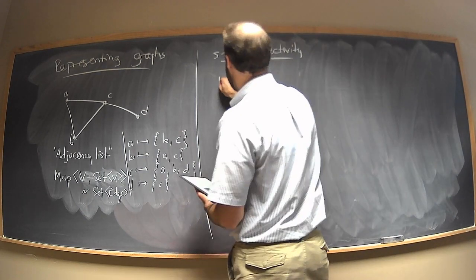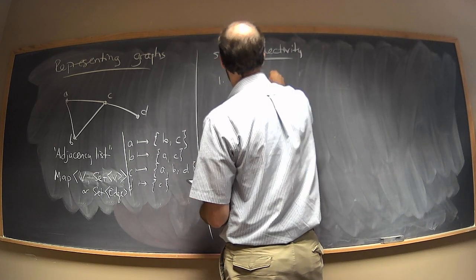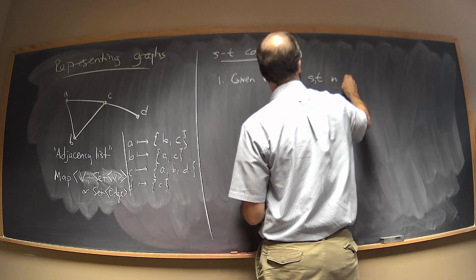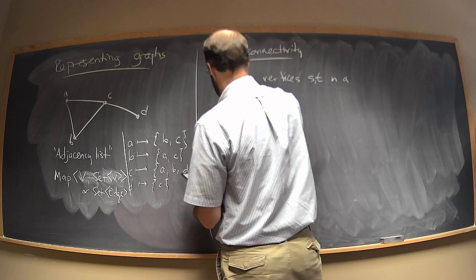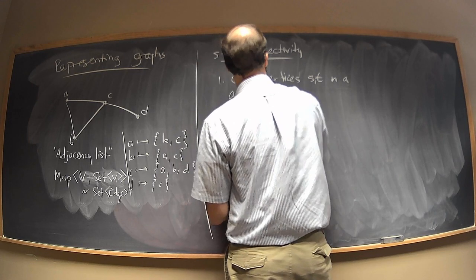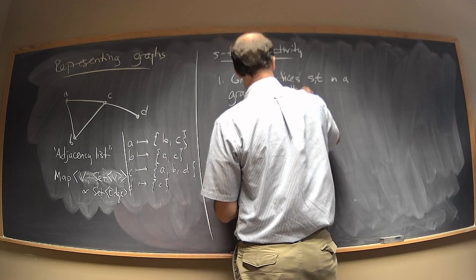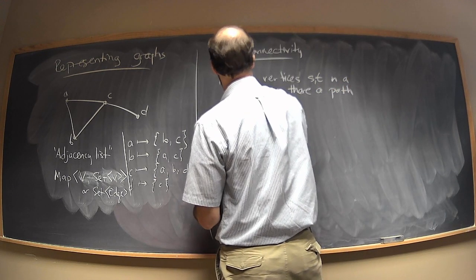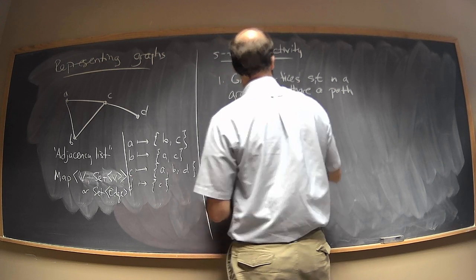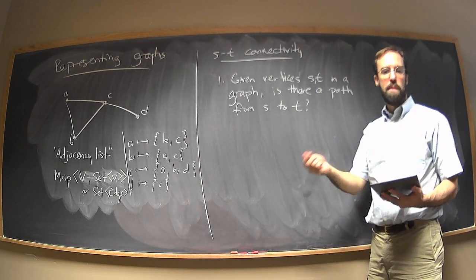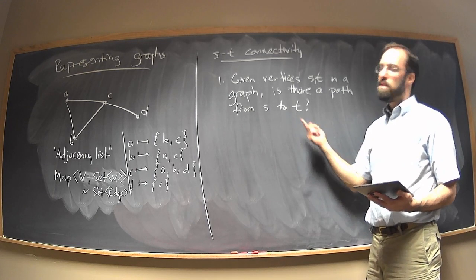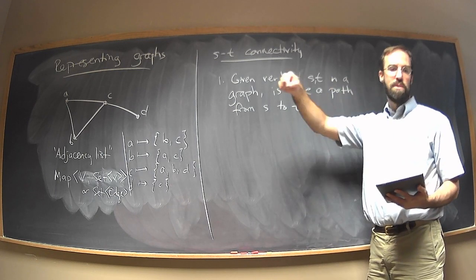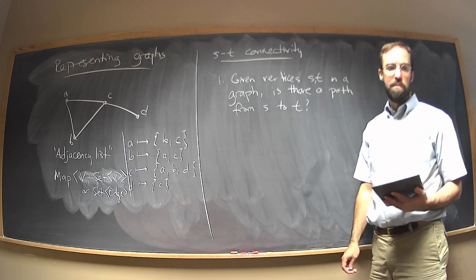So for example, given vertices S and T in a graph, is there a path from S to T? Or put another way, in terms of the vocabulary you all learned in the day, are S and T connected? Does there exist some path where I can walk along edges from S and eventually get to T?